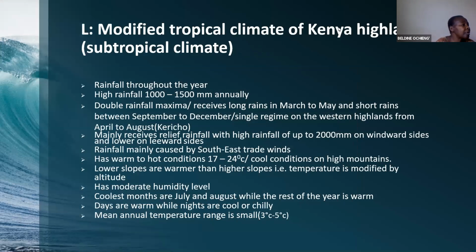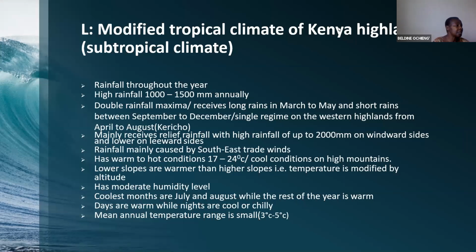So modified tropical climate of Kenya highlands, also known as subtropical climate. We have the eastern highlands and the western highlands. Therefore, these are the characteristics. Rainfall throughout the year.